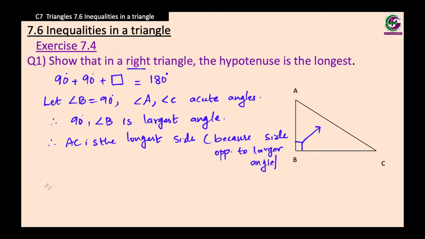So we can say that the hypotenuse is the longest in any right triangle.